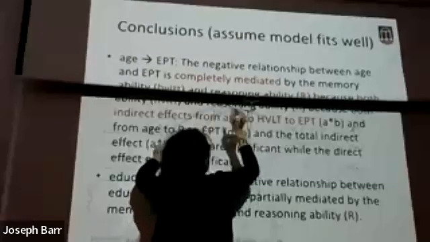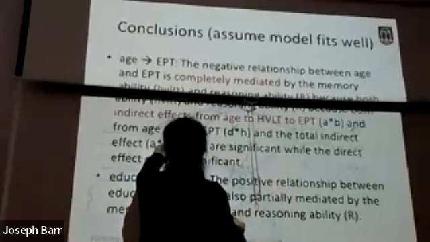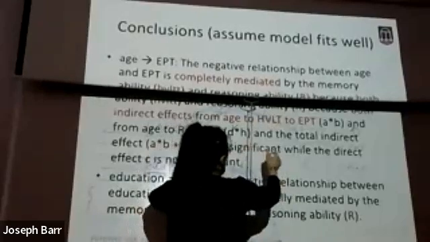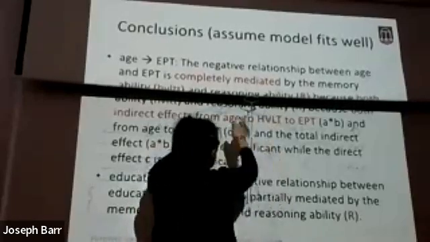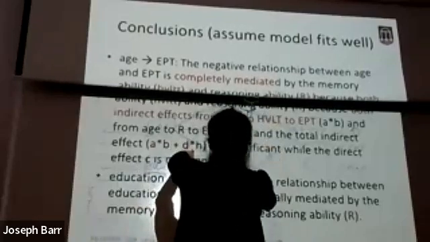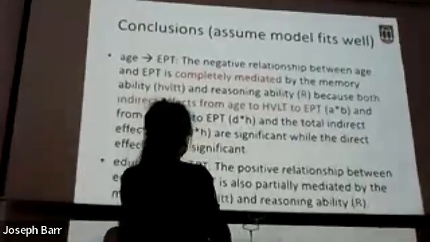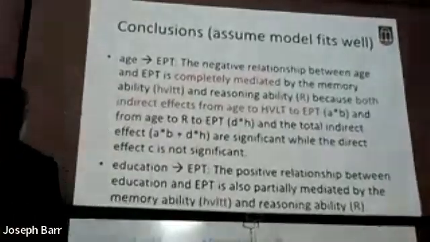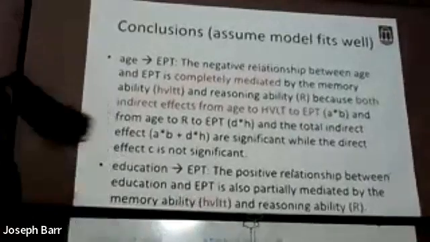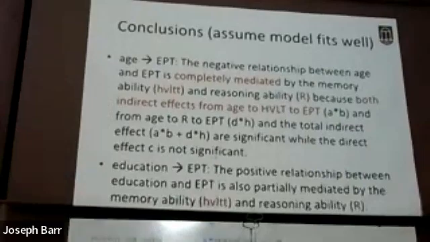So it's A here, it's B here, and the B edge, it's B here, H here. So we have the detailed names. So all of these are significant, while the direct effect is not significant.